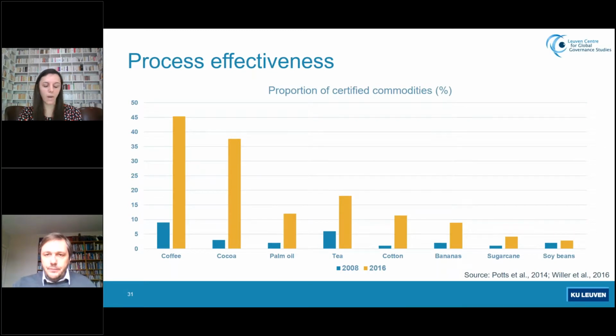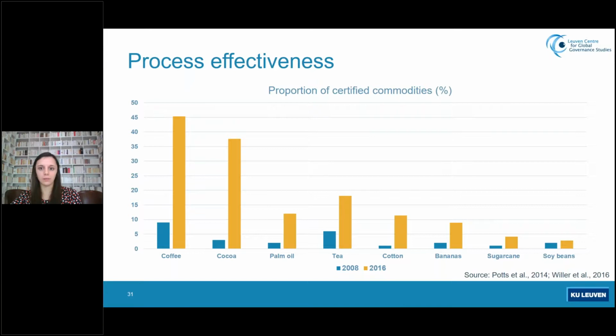Okay, perfect. So as I said, the last way to look at the adoption levels of VSS is to look at the proportion of certified products within specific markets. So again, the report from Wheeler and co-authors shows that for the 8 commodities that they analyze between 2008 and 2016, there is really an increase in the percentage of commodities that are certified.